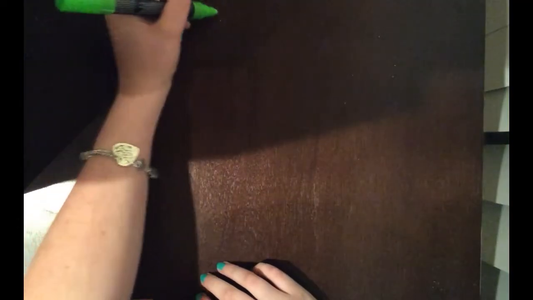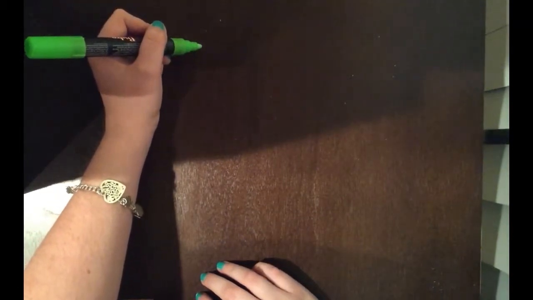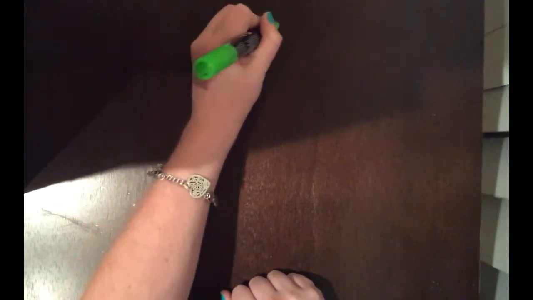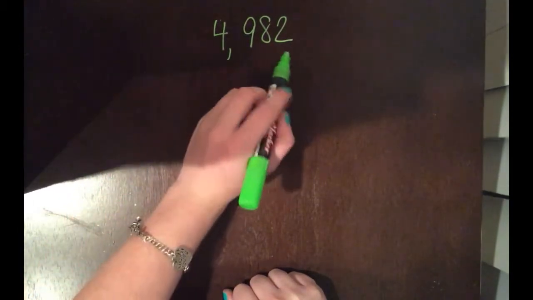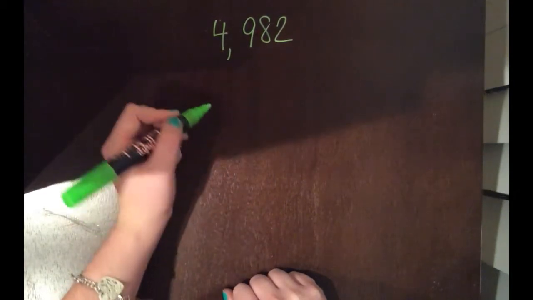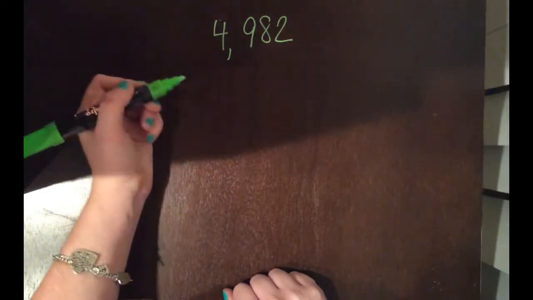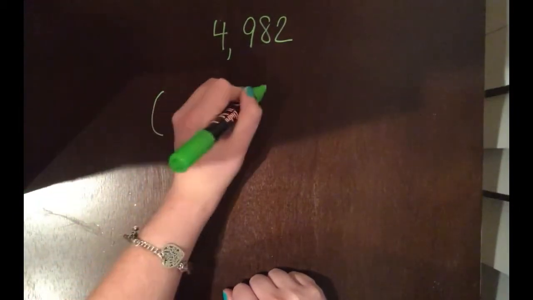Okay, another way that students will be expected to show what they know about place value is to do a multiplication sentence of some sort. So what you're going to see right here, say we have a 4-digit number, 4,982. Okay, so we have 4 place values represented here: the ones, the tens, the hundreds, and the thousands. So I know that I am going to need 4 parentheses for my multiplication sentence.